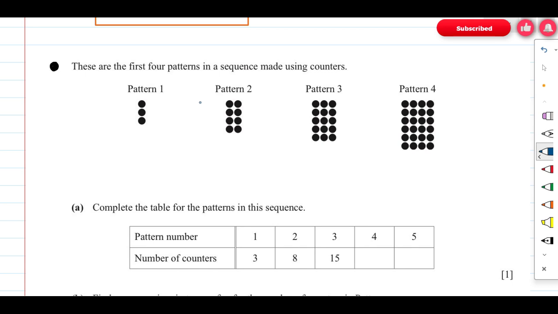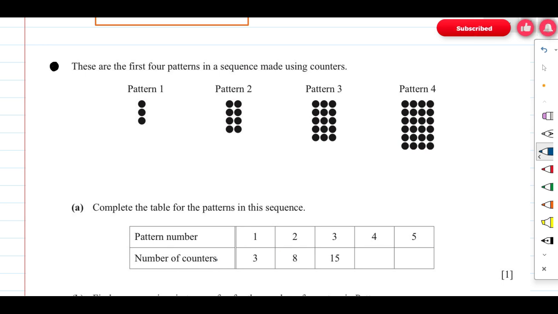Now let's do an exam style question, the past paper question. Basically, these are the first 4 patterns in a sequence made using counters. Okay, pattern 1, 2, 3, and 4. Part A, complete the table for patterns in this sequence. Pattern number 1, 2, 3, 4, 5.